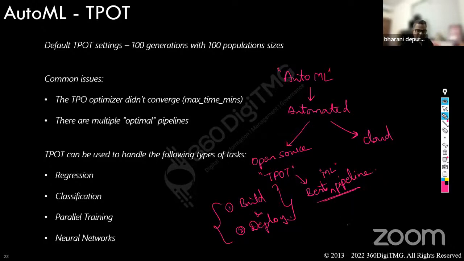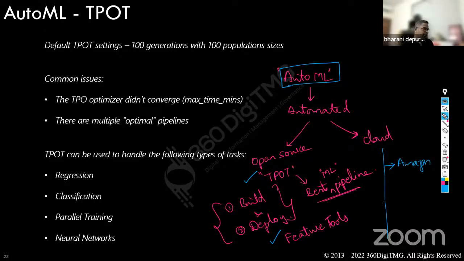Once we are done with this, we shall talk about something called Featuretools. With that, we would have completed the open source AutoML libraries or tools, however you want to call them. Post that, we shall get into cloud and look at the AutoML capabilities. With respect to Amazon, we have Amazon SageMaker Autopilot.